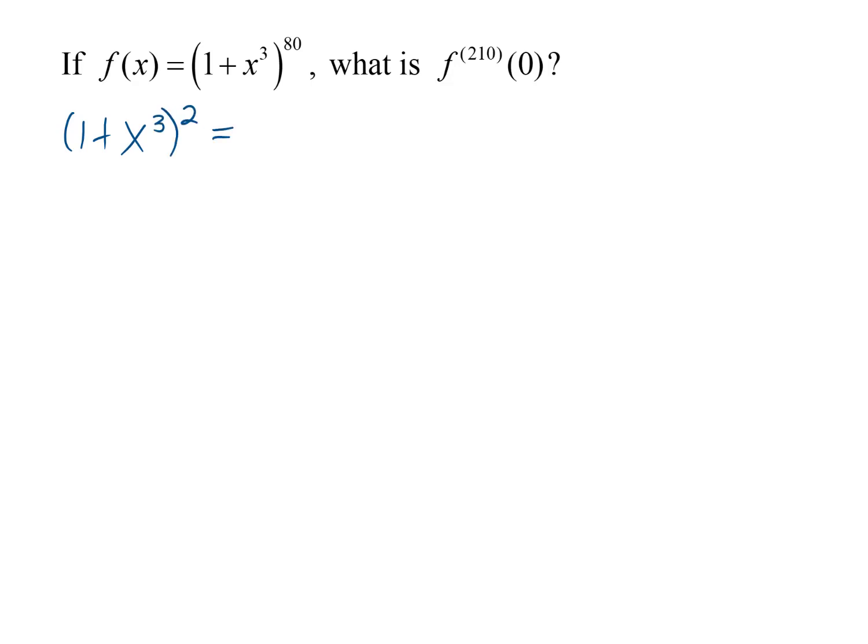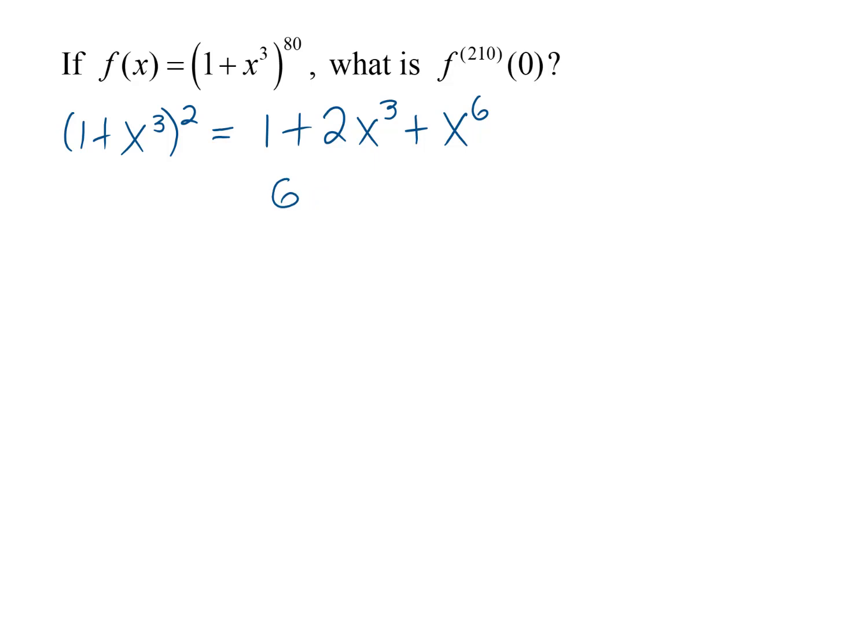So let's just take this squared. We're going to have 1 plus 2x cubed plus x to the 6th. All right, let's take some derivatives of this and see what's going on. If we did the first derivative, this constant would disappear and we would have 6x squared.